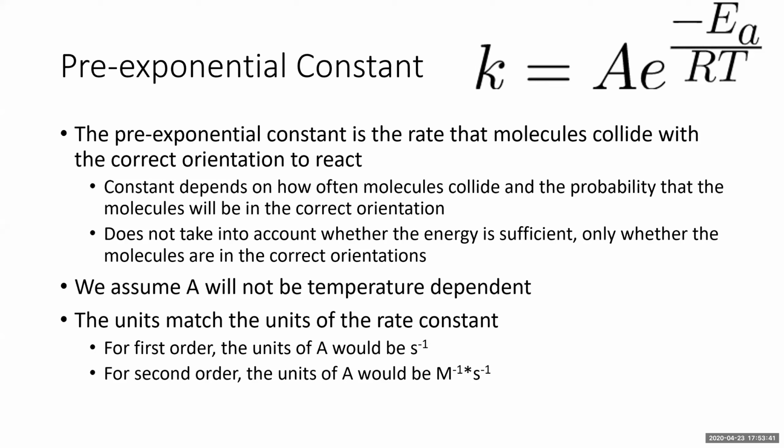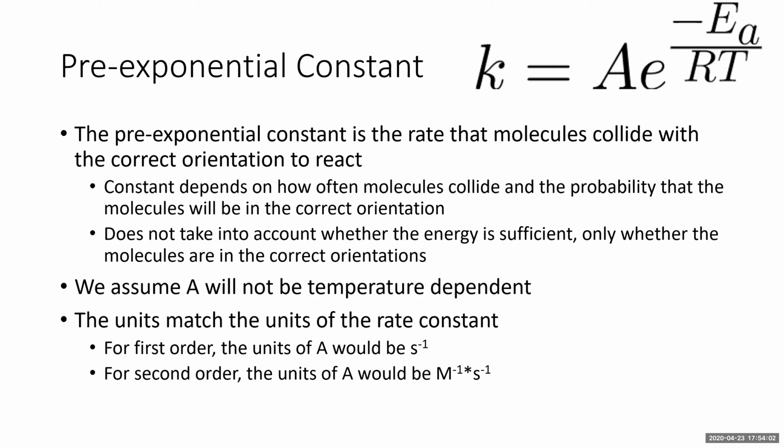So not collisions that have sufficient energy or correct orientation, but just all the collisions possible. And then inside of the pre-exponential constant, it also depends on the probability that molecules will be in the correct orientation.